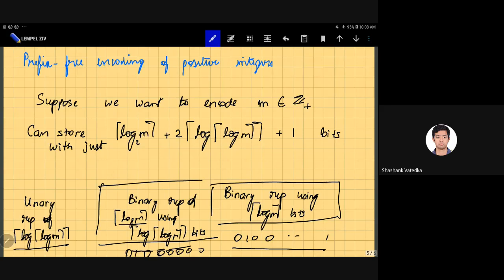You can, in fact, do slightly better than this, but it's good enough for our purposes. The scheme that I'm going to describe has the following guarantee. If you want to encode a positive integer m, you can store this in a prefix-free fashion using just log m plus 2 log log m plus 1 bits.